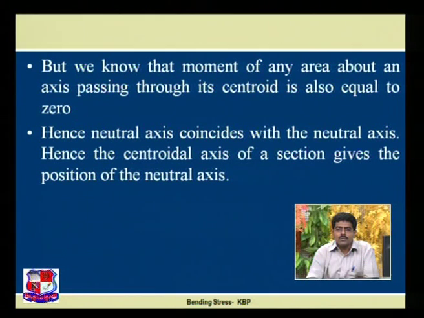Hence, the neutral axis coincides with the neutral layer, that is, the centroidal axis of a section gives the position of the neutral axis. I will restate once again. The neutral axis coincides with the neutral layer as well as the centroidal axis. Hence, the centroidal axis of a section gives the position of the neutral axis.